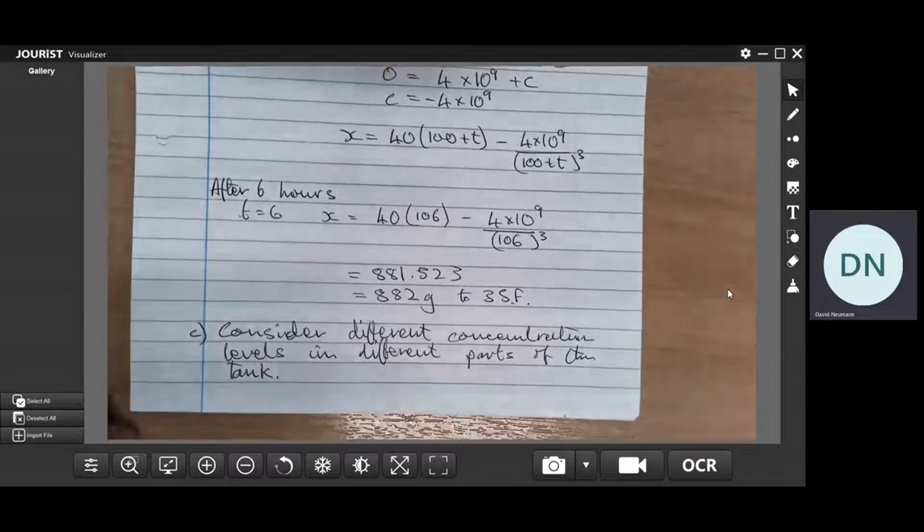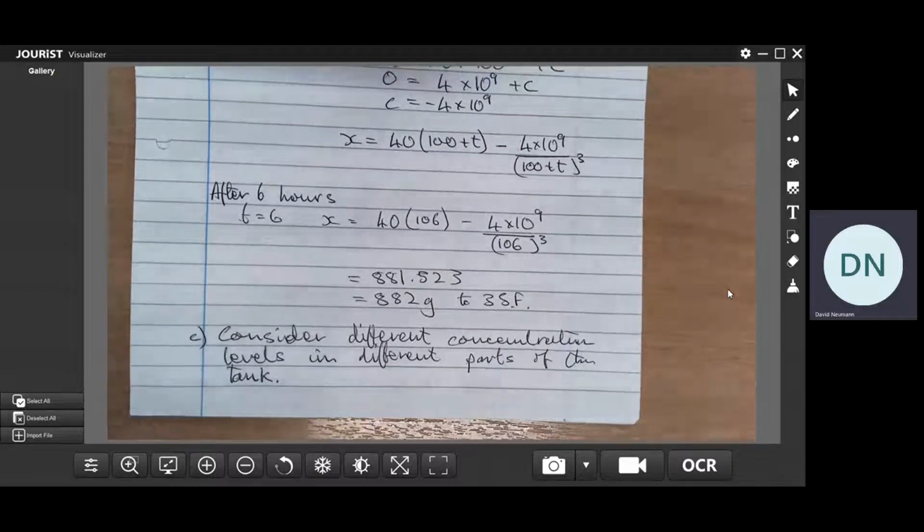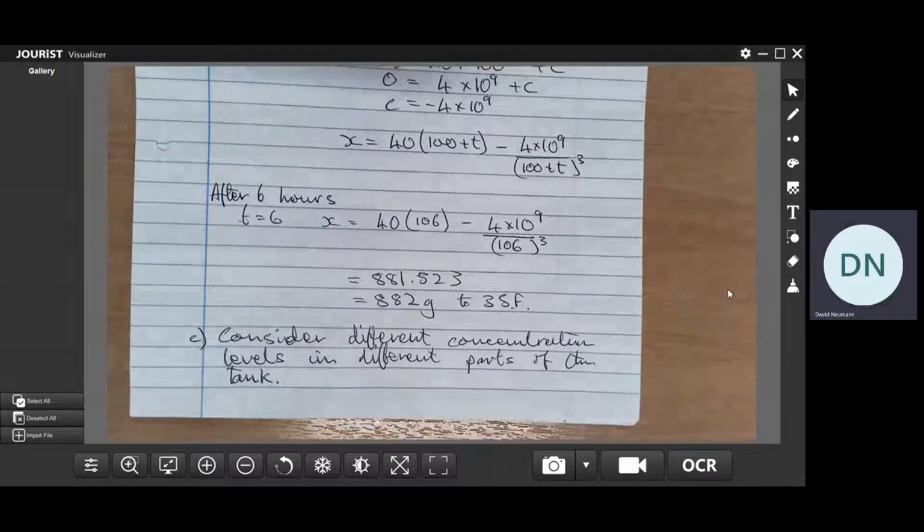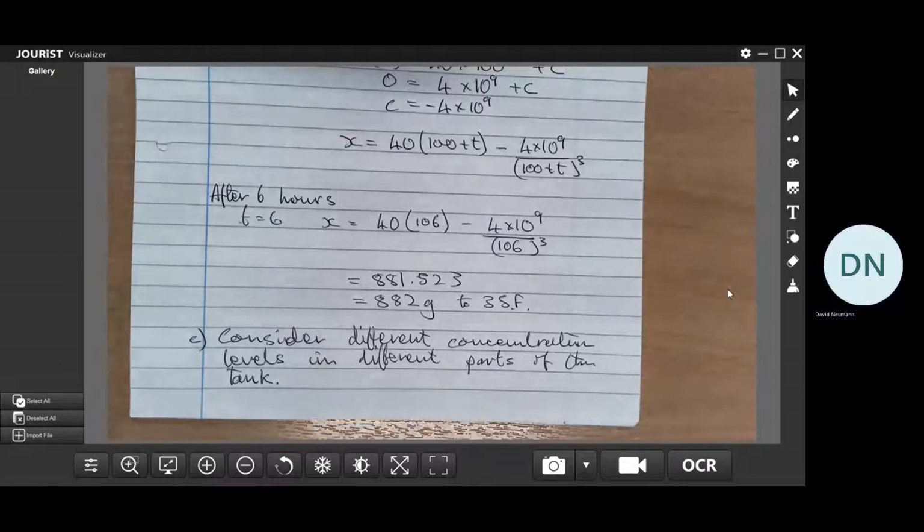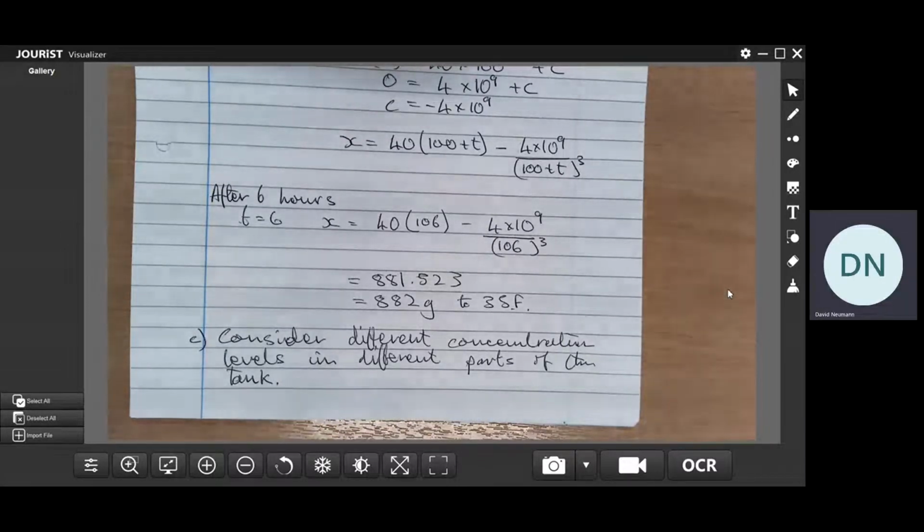Or you could say something about consider the solution not immediately dispersing throughout the tank, or something along those lines.